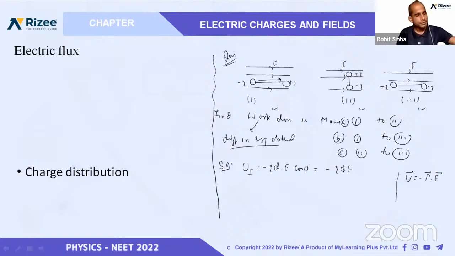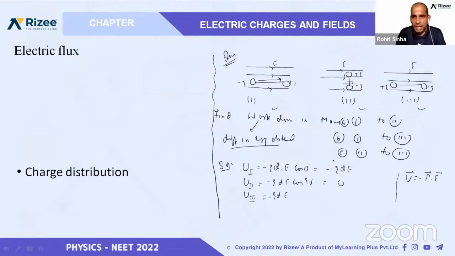Now the second case: minus QDE cos of how much? The angle is 90 degrees, that means cos 90 is 0. So it will be 0.